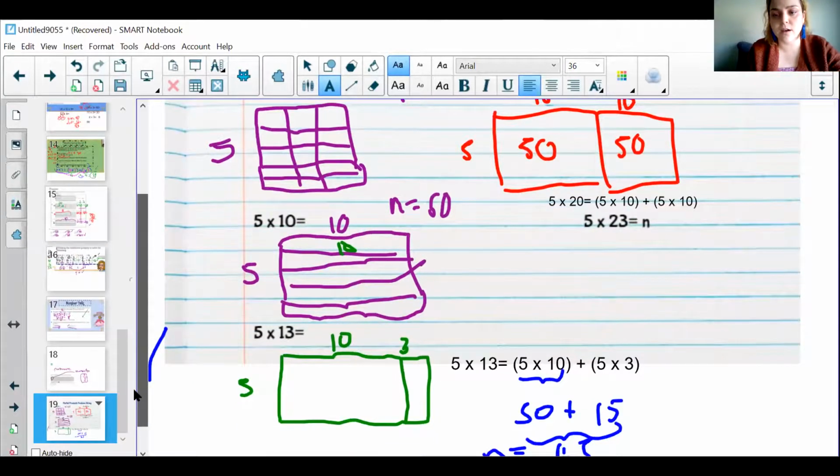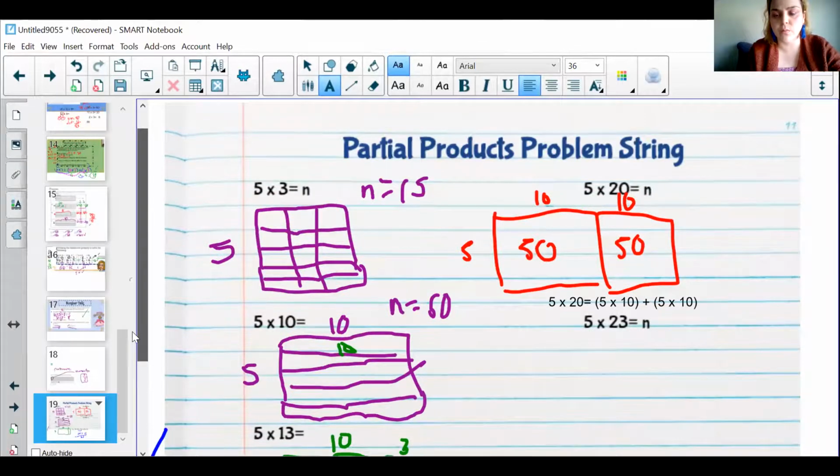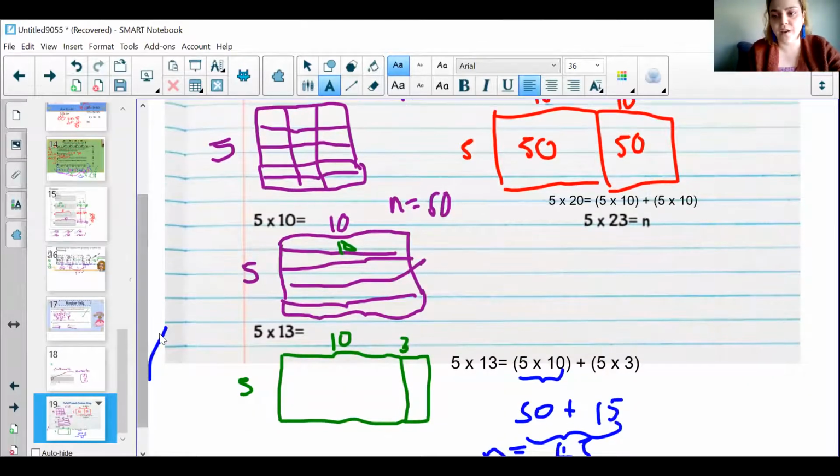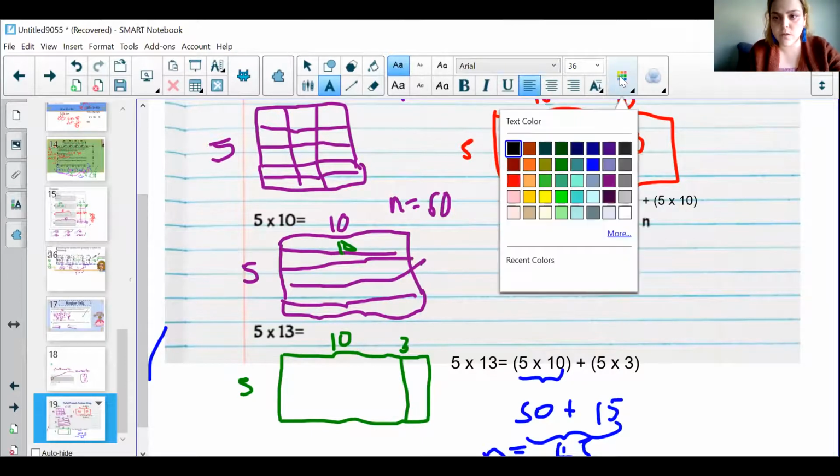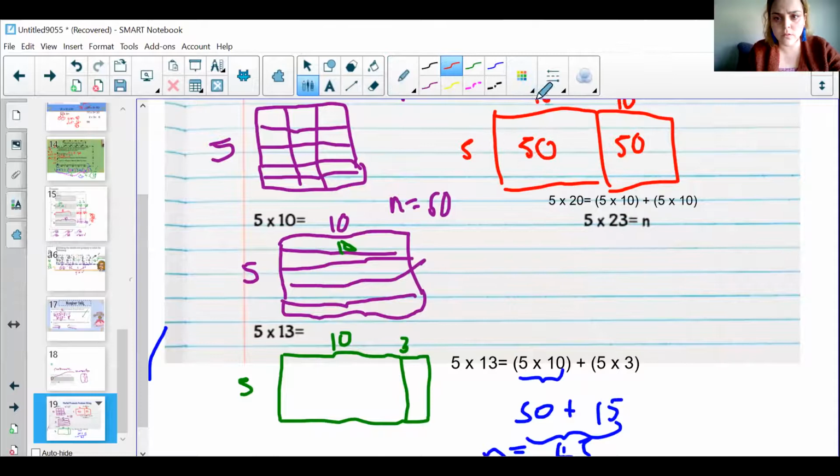And then our last equation from our problem string is 5 times 23. Similarly, I'm going to take another color. Let's do green this time. I remember I have 5 on the side, and then I'm going to multiply by 23, but 23 is a larger number. And remember, in 3rd grade, we don't really do the algorithm yet. You're going to learn the standard algorithm in 4th grade.